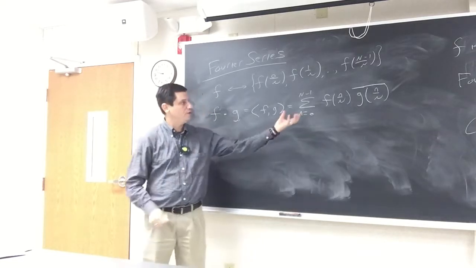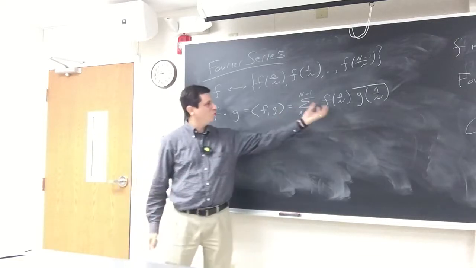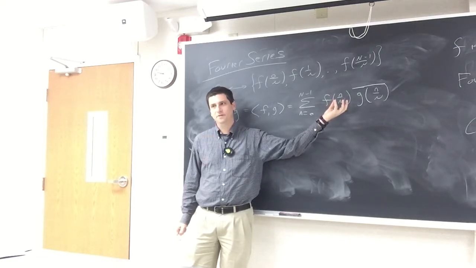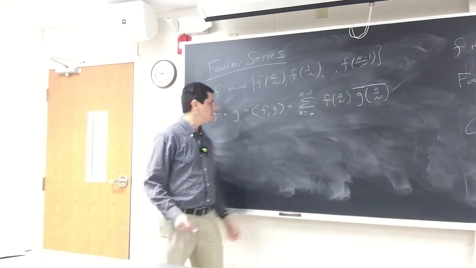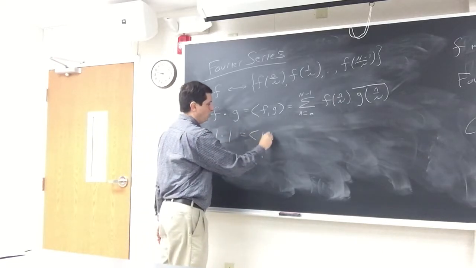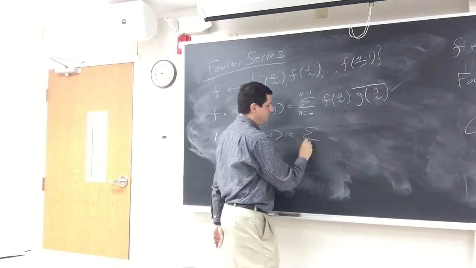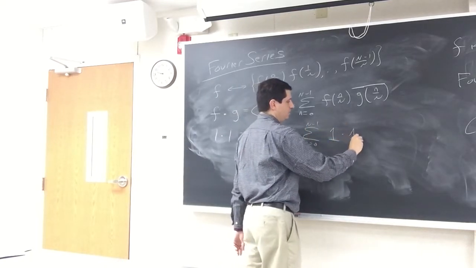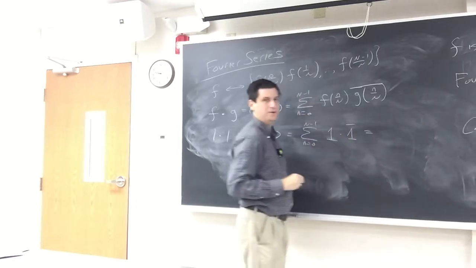So I could take n goes to infinity. The problem is if I take n goes to infinity, what do you think is going to typically happen to the sum? It diverges. Let's take the dot product of 1 with itself, the function that's identically 1. Then I'm going to get the sum, n goes from 0 to n minus 1 of 1 times the complex conjugate of 1. And what will that be?